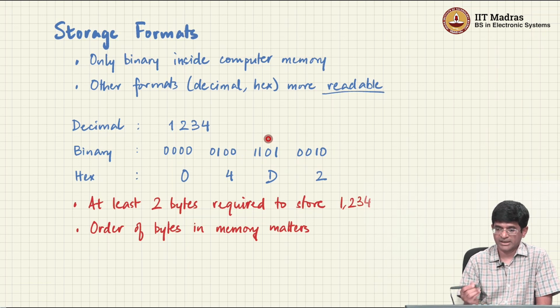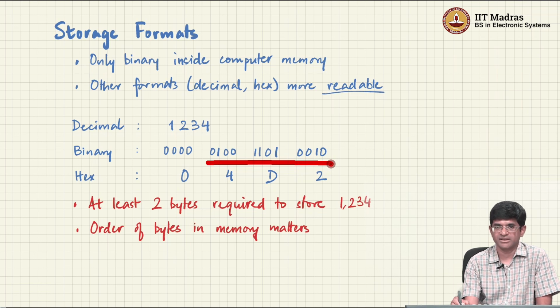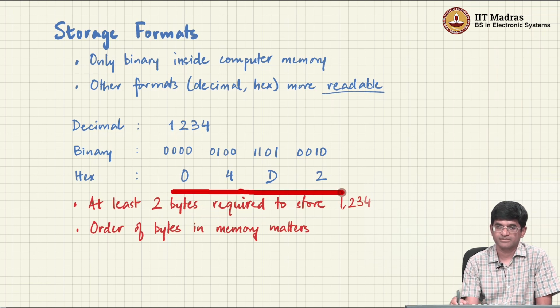If I am looking at the bit granularity, I could argue that maybe I could have done it with 11 bits if I was working only with unsigned numbers, or with 12 bits where there is no confusion about whether it is 2's complement, signed, unsigned and so on. It is very clear this is a positive number. So 12 bits would be sufficient for storing 1234, but my granularity is at the byte level, and therefore what I am saying is I need 2 bytes.